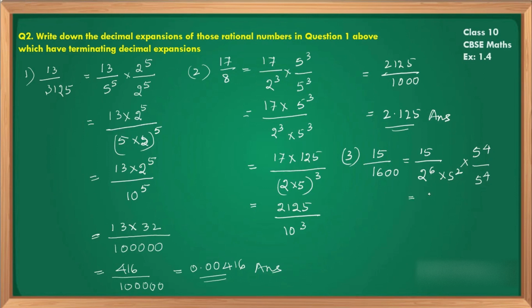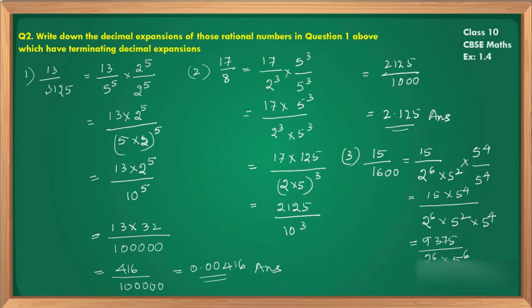The next step is 15 into 5 to the power 4 upon 2 to the power 6 into 5 square into 5 to the power 4. 15 and 5 to the power 4 will give you 9375. In the denominator you have 2 and 5 and 5, so let us club them together. 2 to the power 6 into 5, and the powers are added: 2 plus 4 gives you 6.